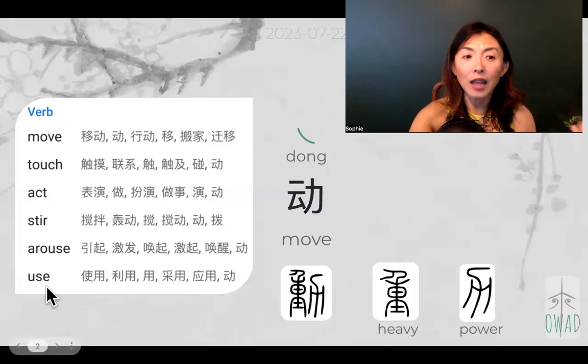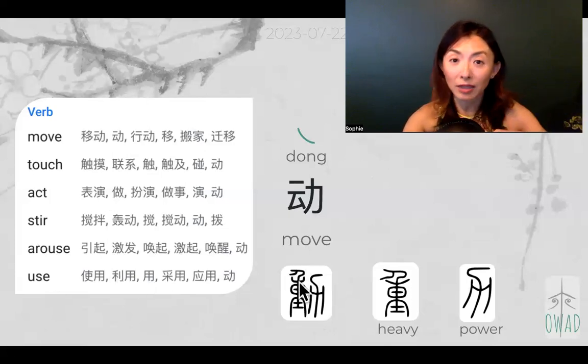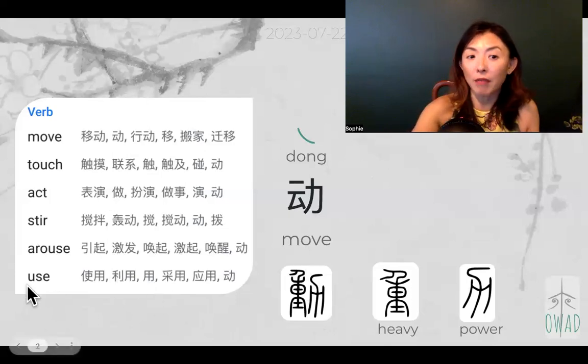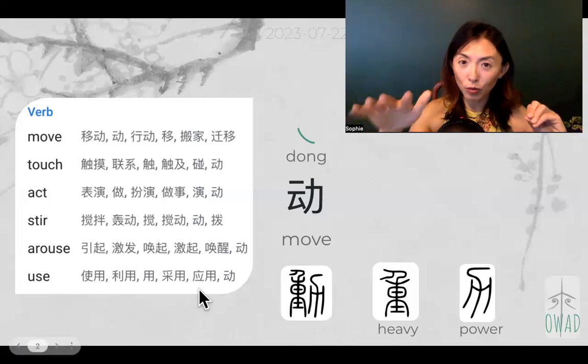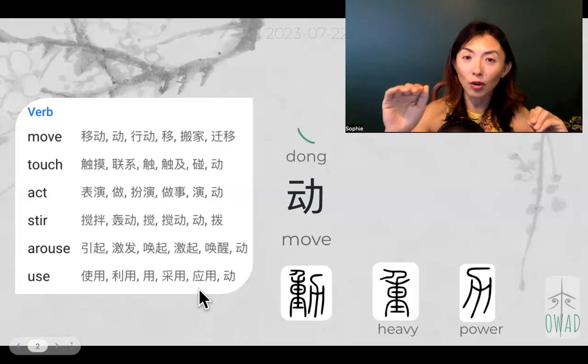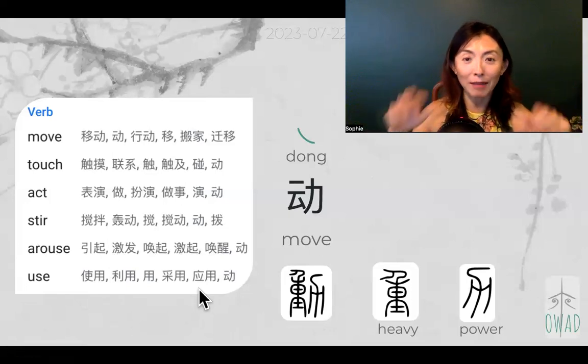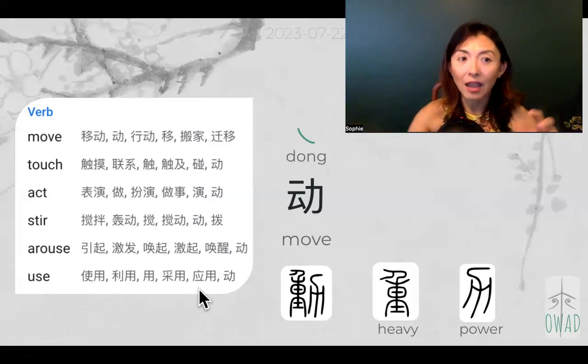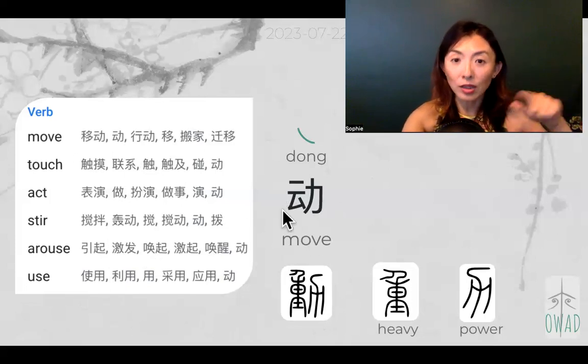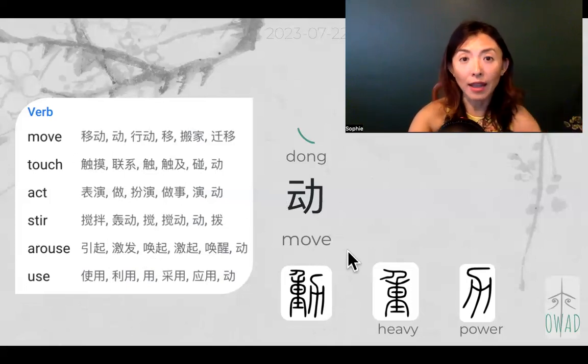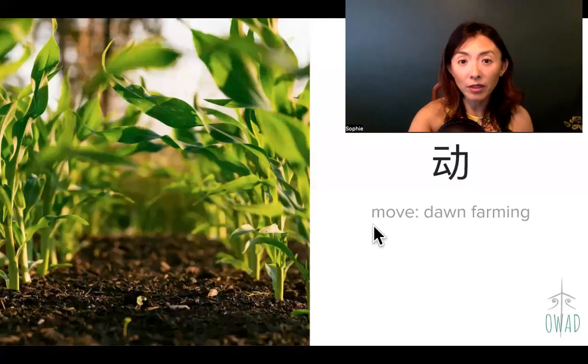And because move means farming activity from the early on, that becomes use. 动 something means you are moving the resources. You're not exactly appropriating, but you're actually utilizing that. And we can use the same character to mean move as well.